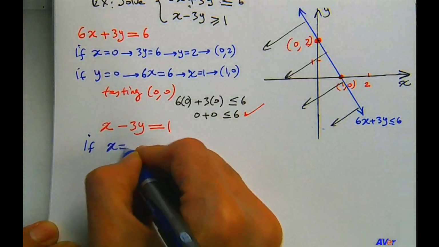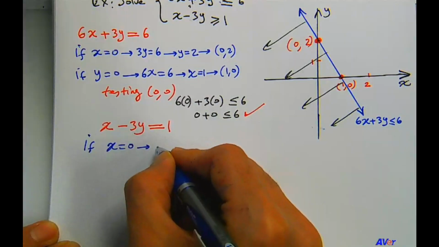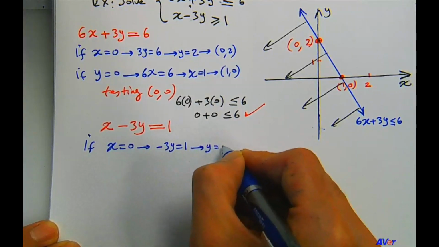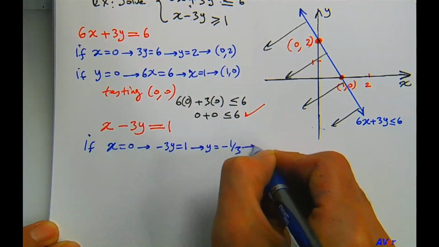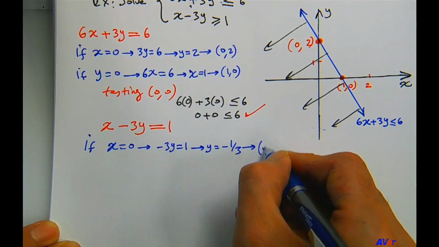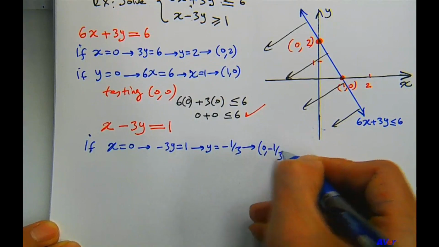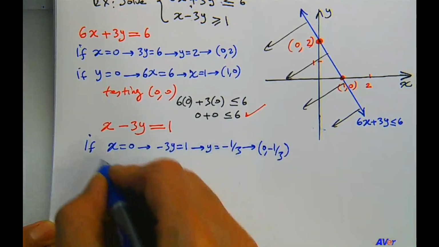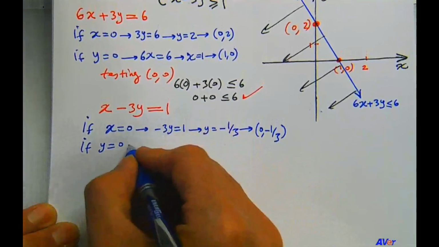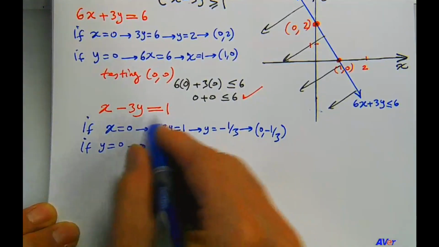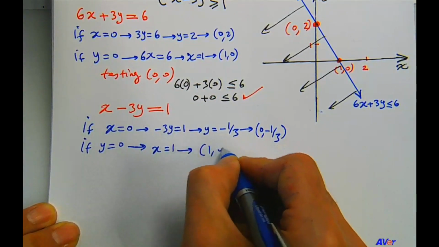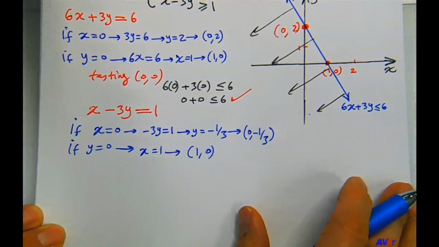So if x equals 0 here, what do we get? We get negative 3y equals 1, y equals minus 1/3, which means the y-intercept is (0, negative 1/3). If y equals 0, then we have x equals 1, so (1, 0) is the x-intercept.